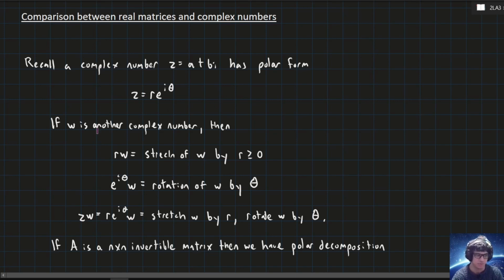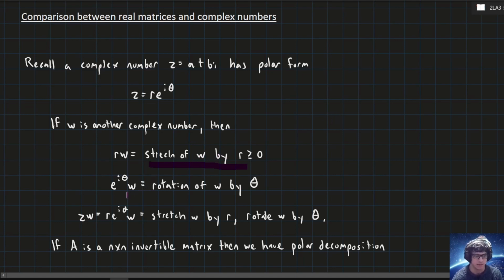Okay, so if w is another complex number, then the effect of r times w is a stretch of w.